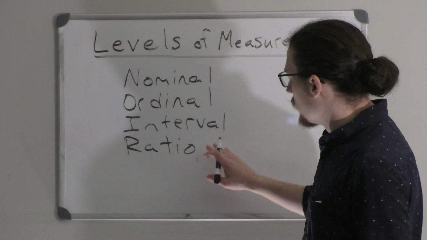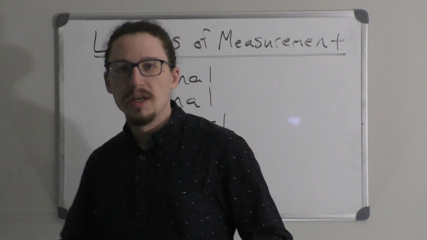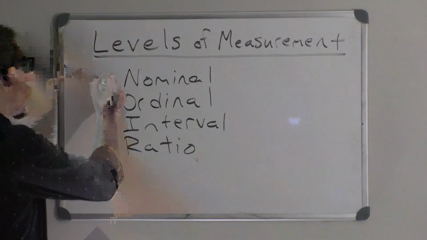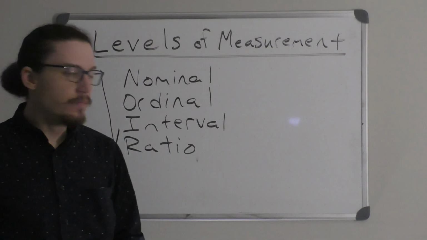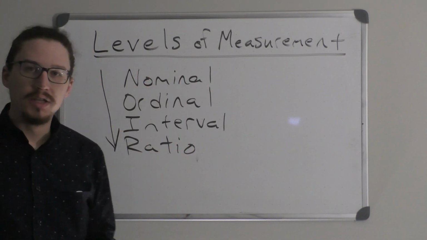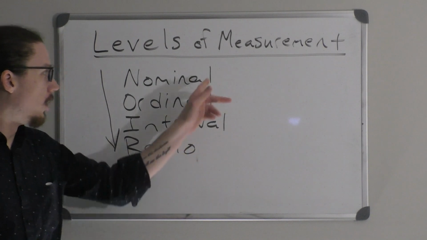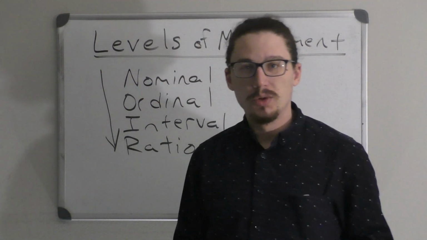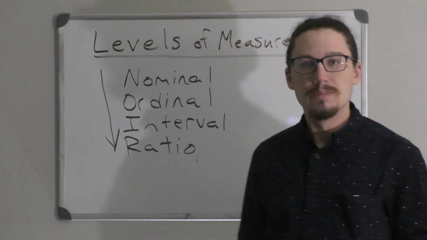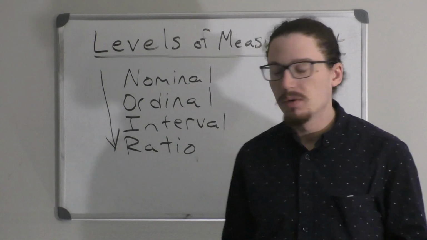So these are the 4 levels of measurement, and as we go down this list, the quality of the data goes up. Nominal level data or nominal scale data is the lowest quality data, right? We can't do as much with it as we can with any of the other ones.